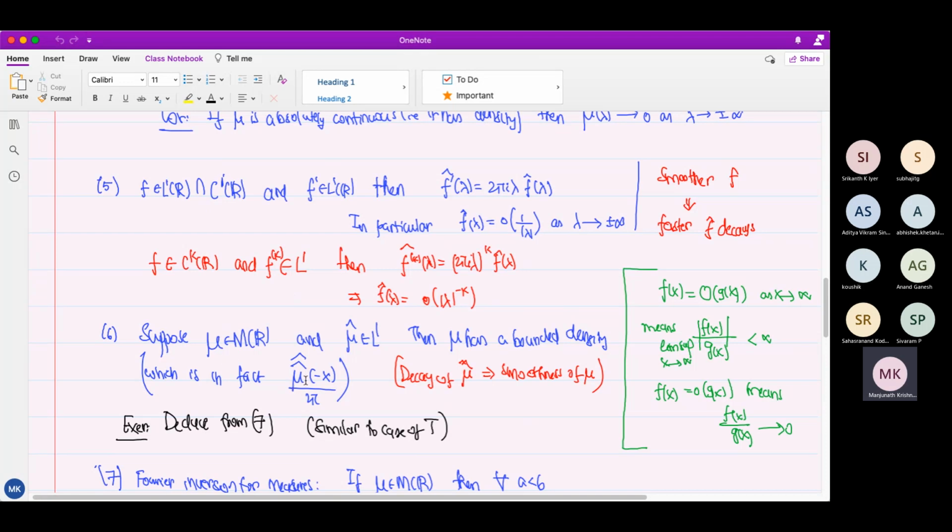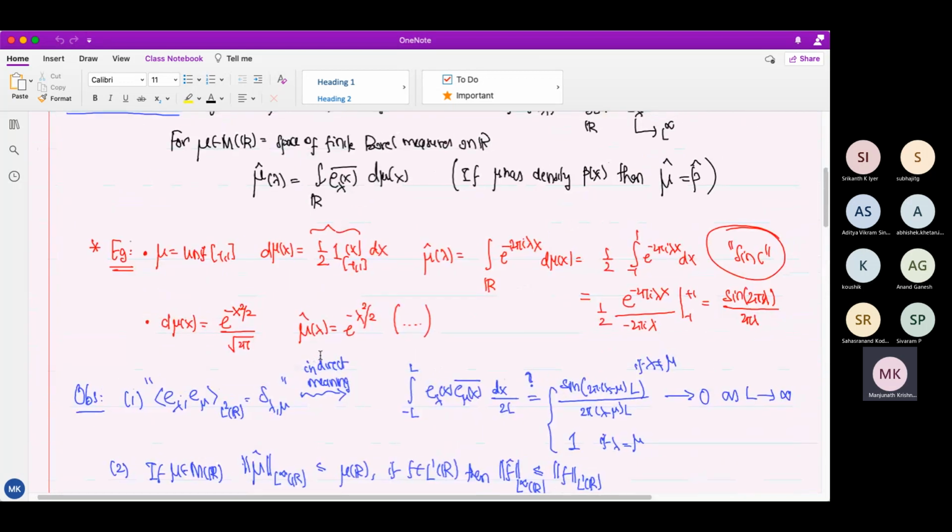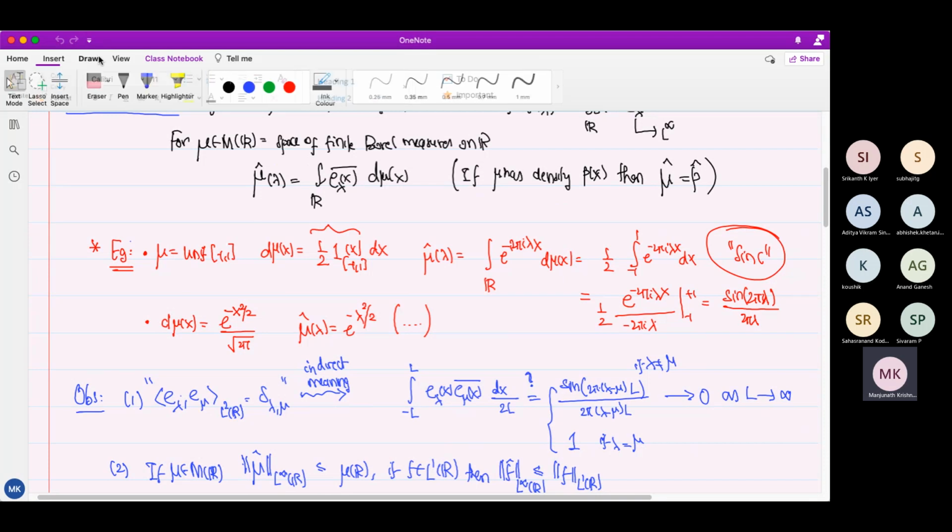So let's take the Gaussian. Did I give examples at all? So when mu is Gaussian, mu hat of lambda is e to the minus lambda squared by 2. Let me just check whether or not there should be the 2 pi factor.